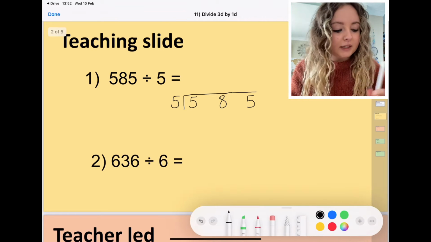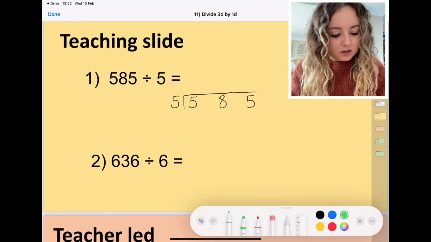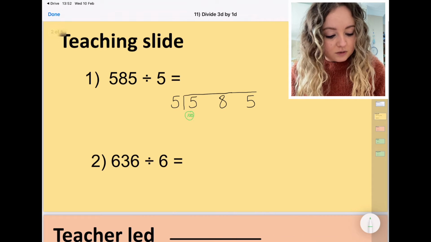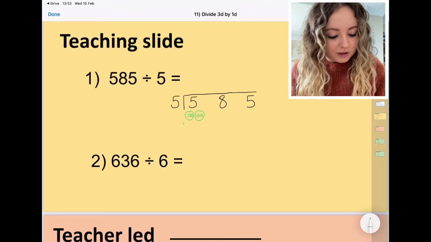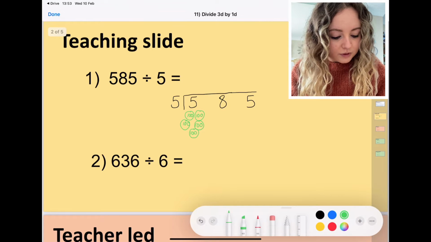Now I'm going to draw the counters firstly to help us a little bit. So we've got 500s, so 5 lots of 100. 1, 2, 3, 4, 5.